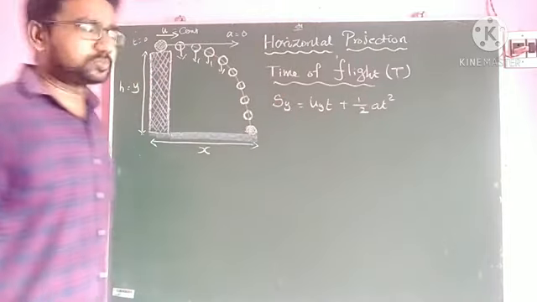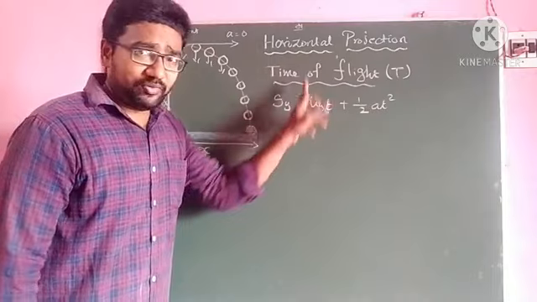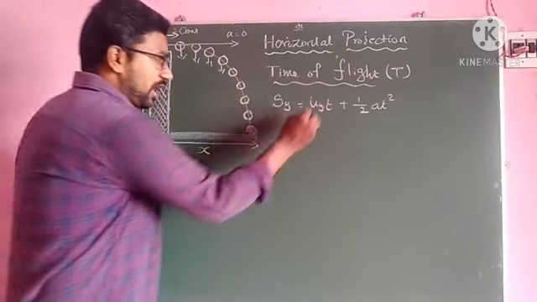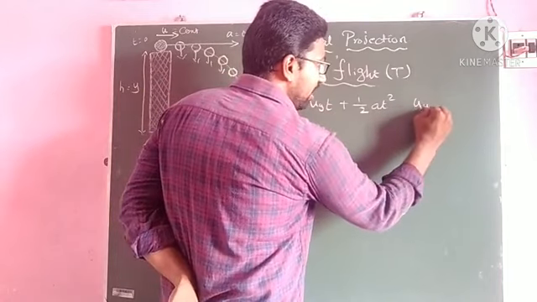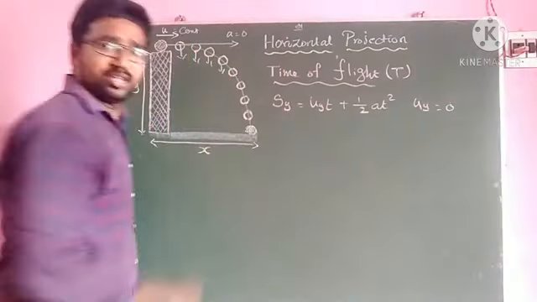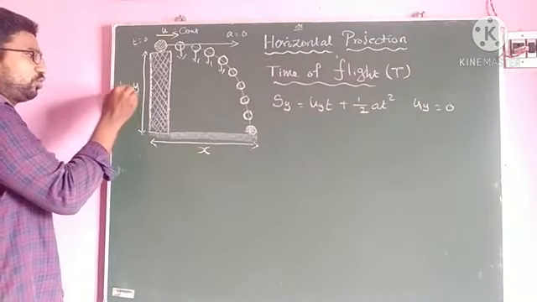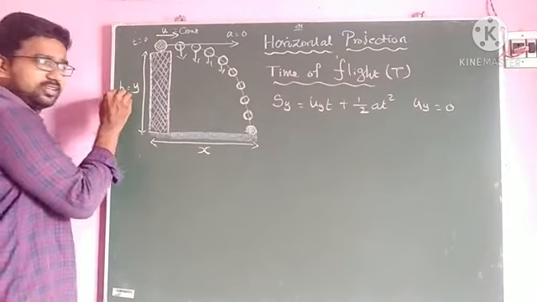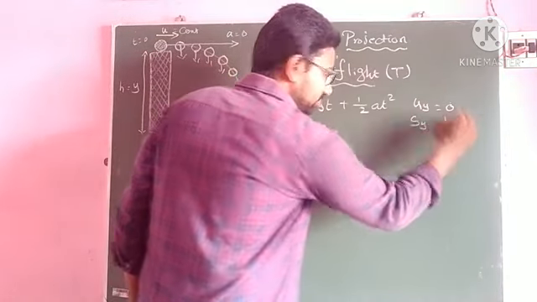Am I right? In the vertical direction there is no initial velocity, so I take uy equal to 0. And what is sy? Here sy represents the height of the tower, so I take sy equal to h.